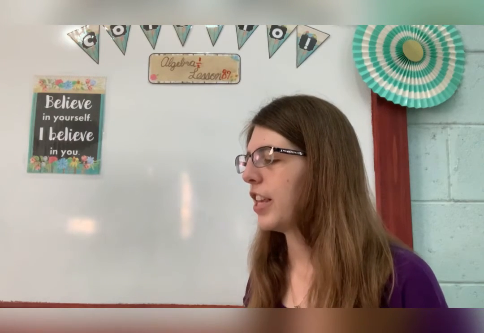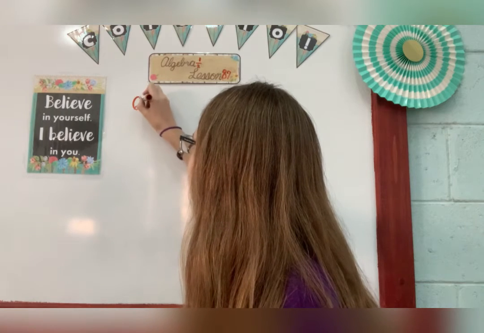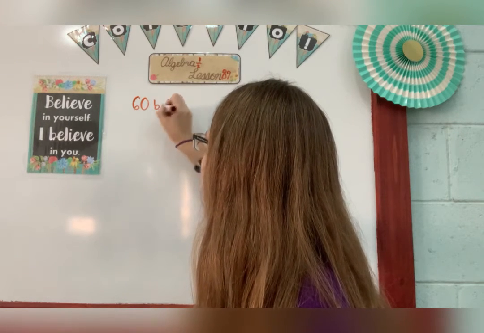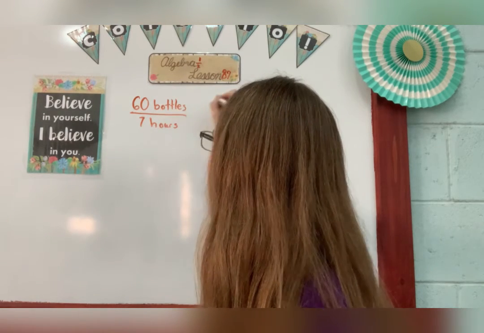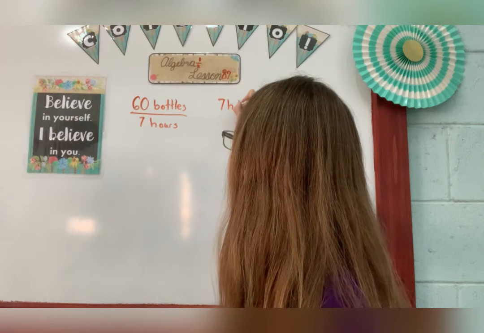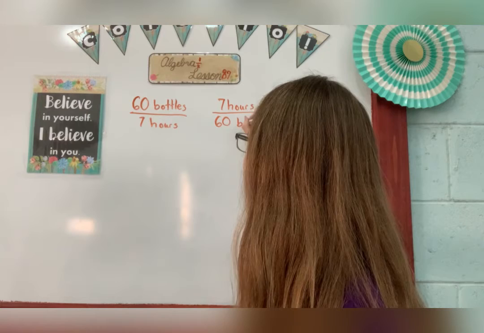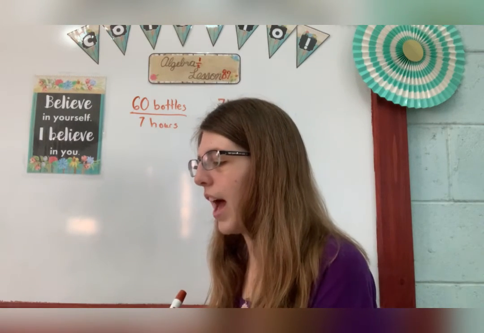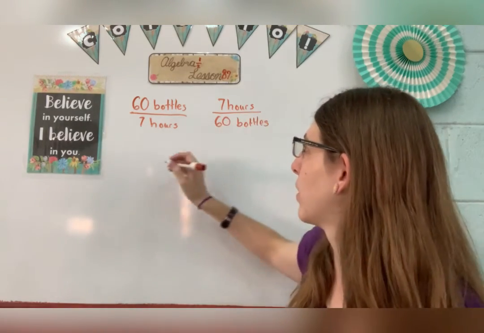So, using rates, that would be 60 bottles in 7 hours, or 7 hours to do 60 bottles. It says that we're looking for how long it would take to cap 420 bottles. So I want to know the hours.